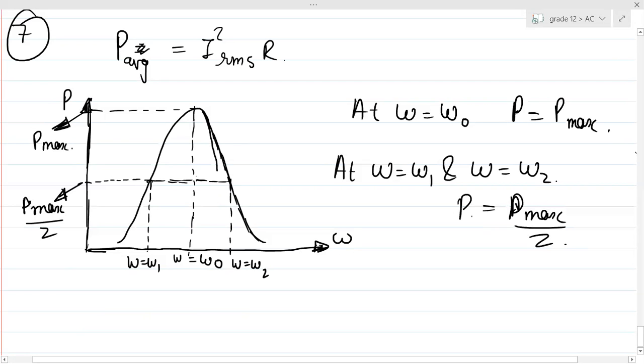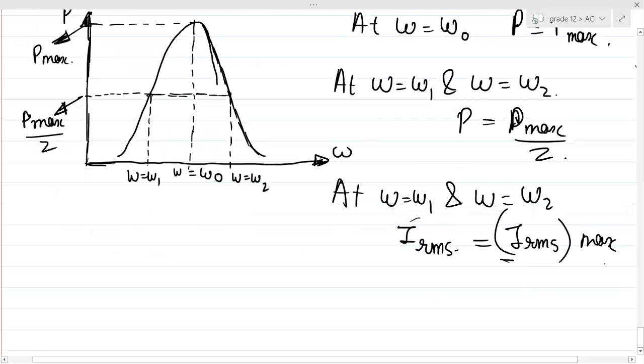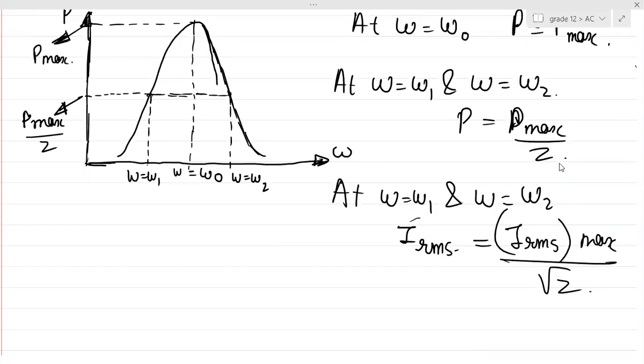At this particular time, at omega equals omega 1 and omega equals omega 2, the RMS current will be the maximum current divided by root 2. Why?